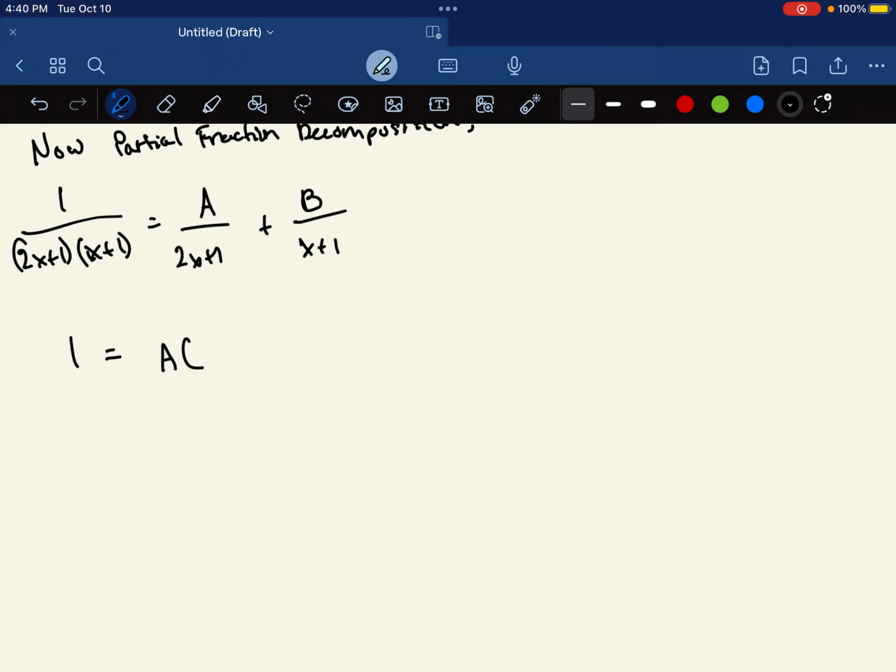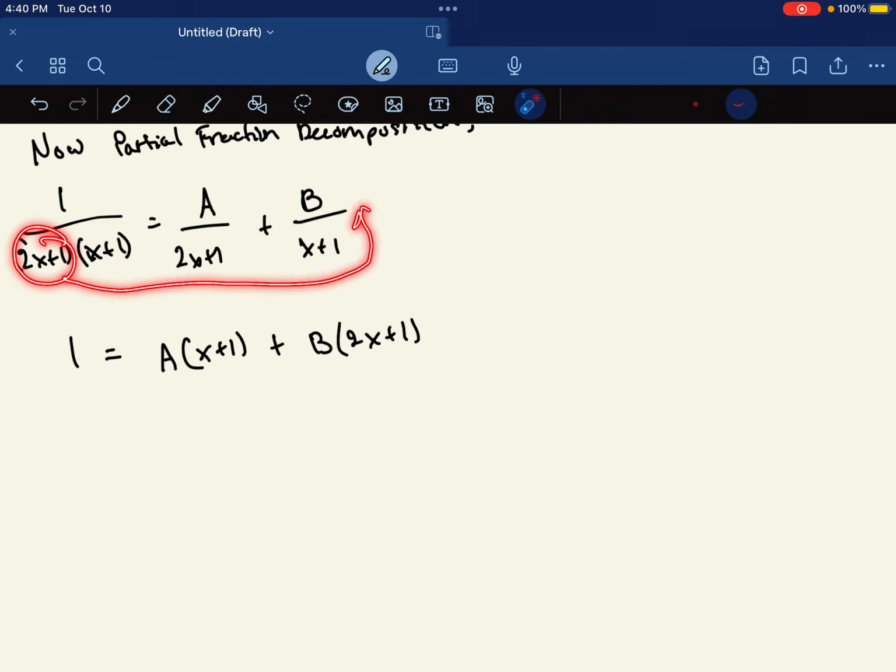So then we've got A times x plus 1, because the 2x plus 1 cancels with this 2x plus 1 when we multiply. And then we've got plus B times 2x plus 1, same thing. The x plus 1 cancels with this x plus 1, so all that's left is this when we multiply the whole thing times that.